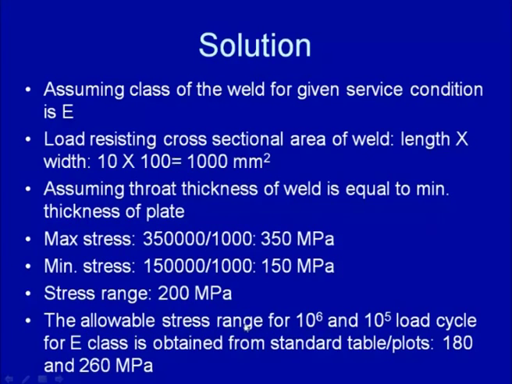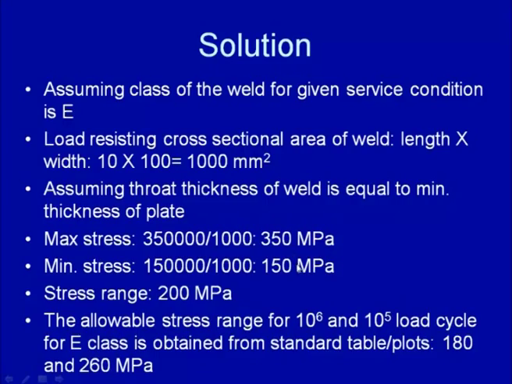So, if the allowable stress range for 10 to the power 6 and 10 to the power 5 load cycles for E class weld is obtained from the standard tables and plots, then it comes out to be 180 and 260 MPa. So, here we see the stress range is obtained from the difference of the maximum stress and the minimum stress.